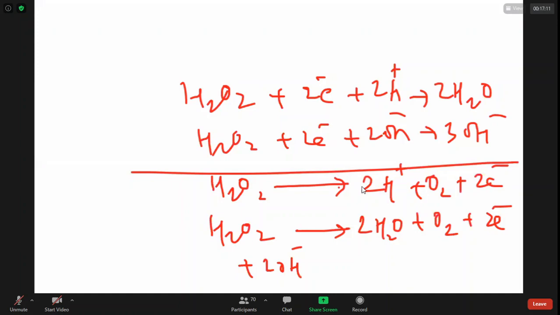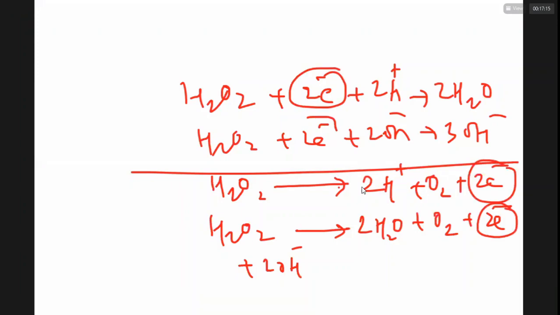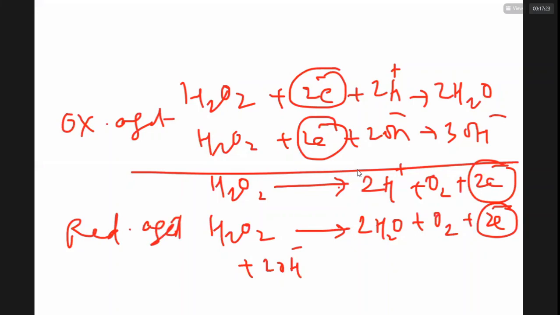Notice, H2O2 can lose electrons. H2O2 can gain electrons. It is an oxidizing agent. It is a reducing agent too. With some fellows, it is an oxidizing agent. With some fellows, it is a reducing agent.